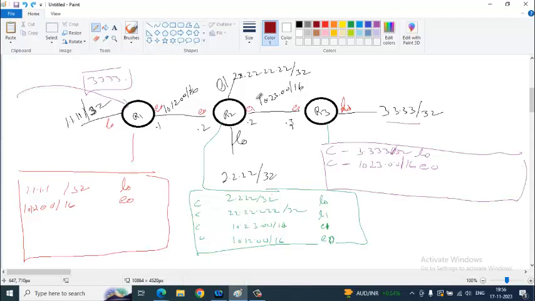Sir, one question. If we didn't give a static route, the ARP table might still have learned R2's interface. But unless you tell that for this network you need to go to that address, it won't go. See, the next hop address is known to the ARP table. But how does router 1 know that the next hop is a router which can take you to 3.3.3.3?